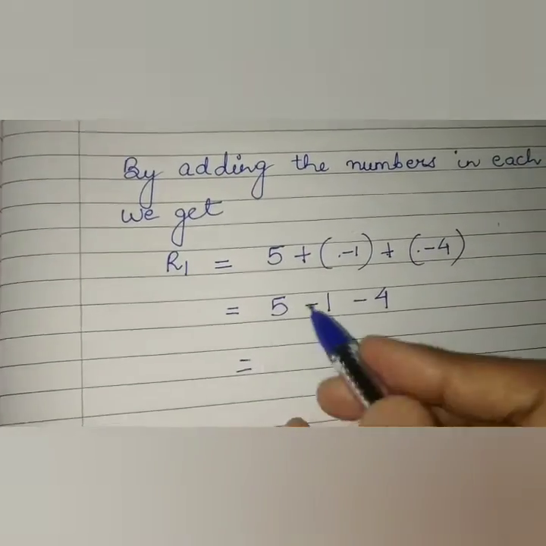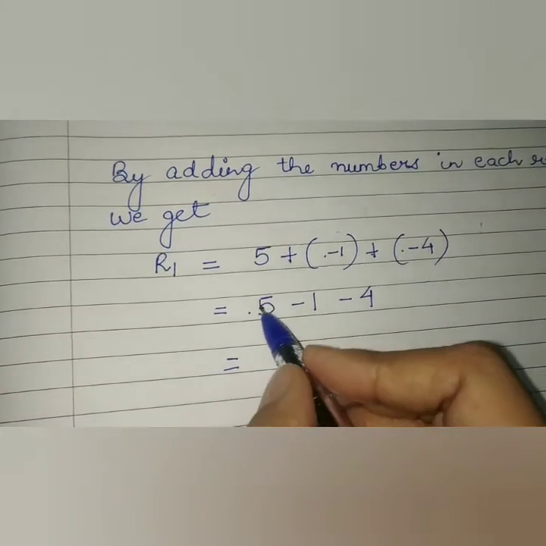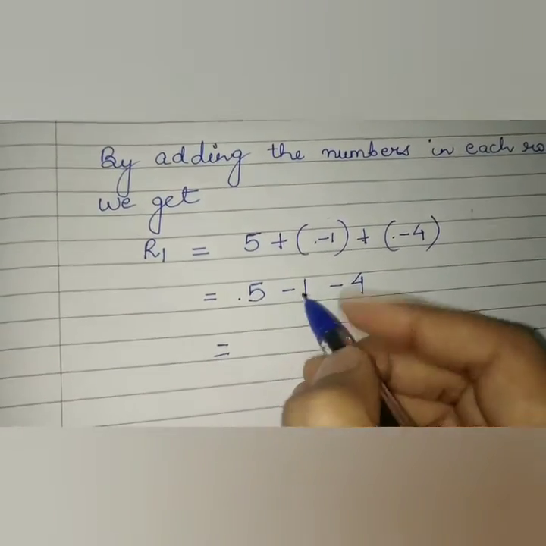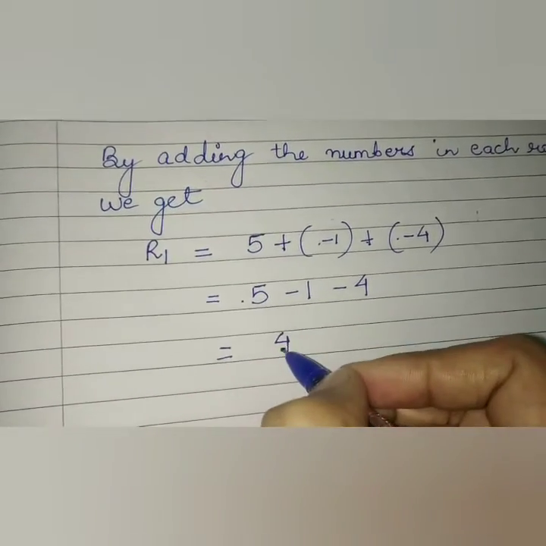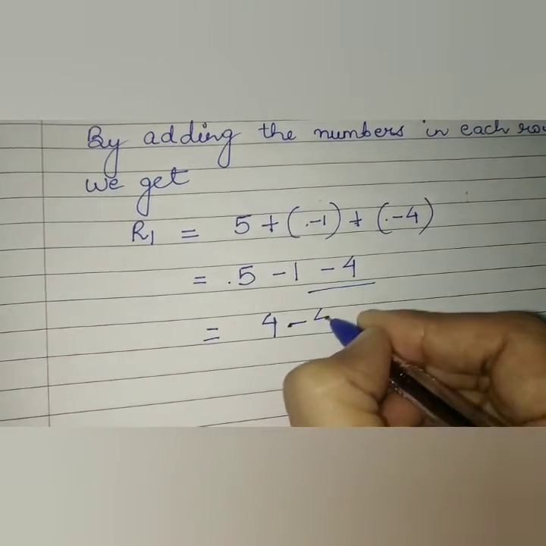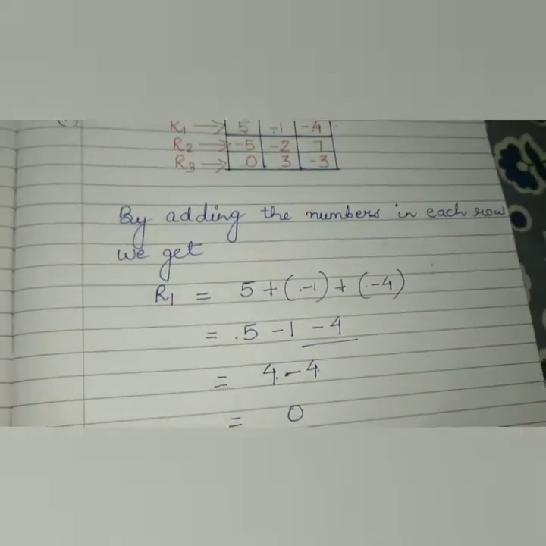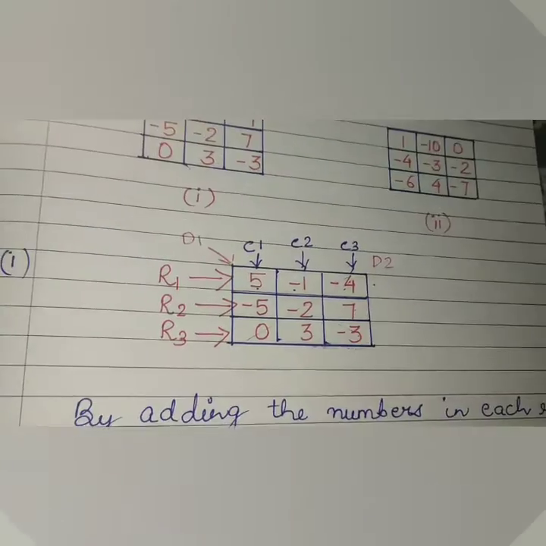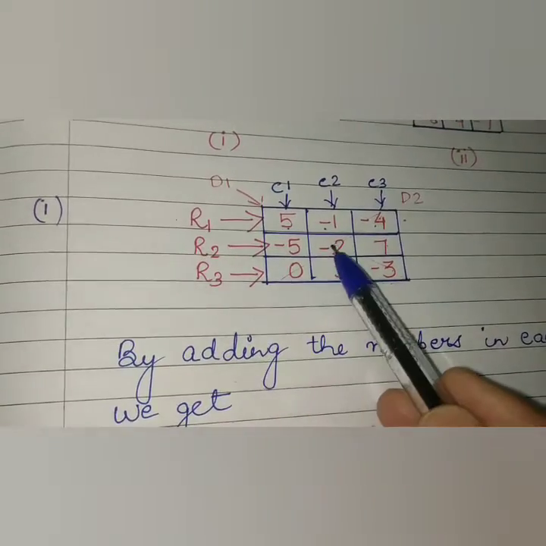Since plus minus becomes minus, 5 minus 1 is 4. Since 5 is the greater number, this is plus 4, and the remaining is minus 4. So 4 minus 4 is 0. When I have added the first row, we get the answer 0.